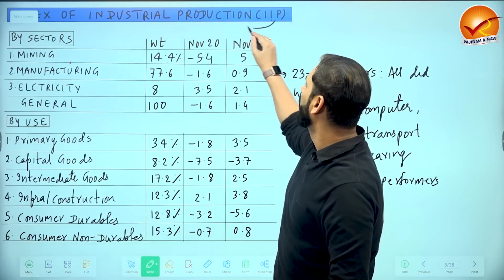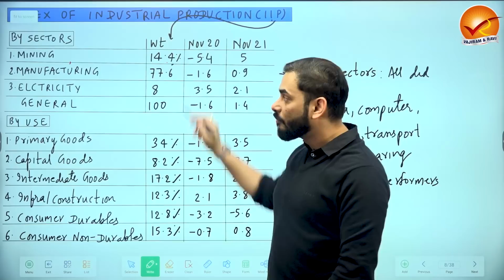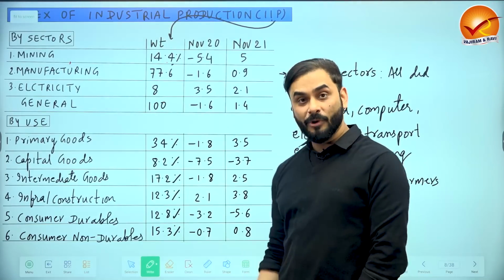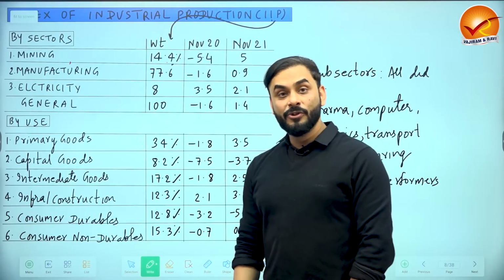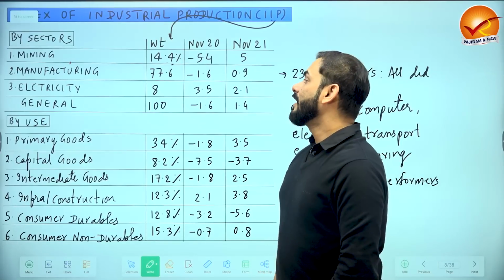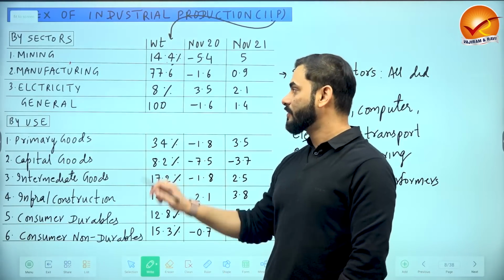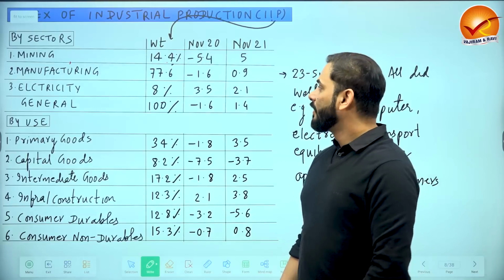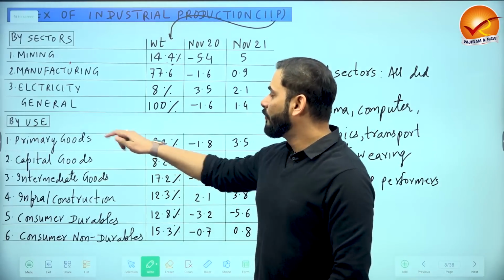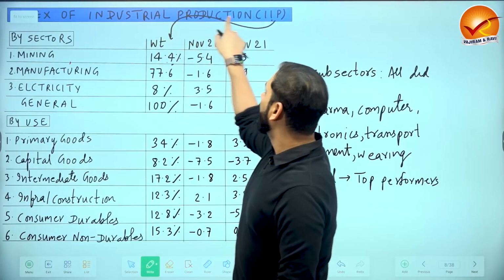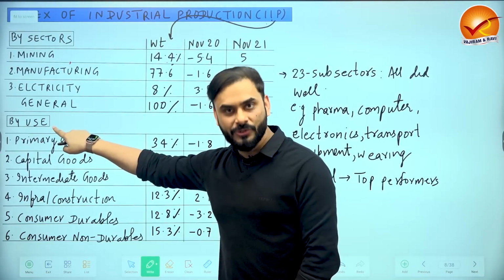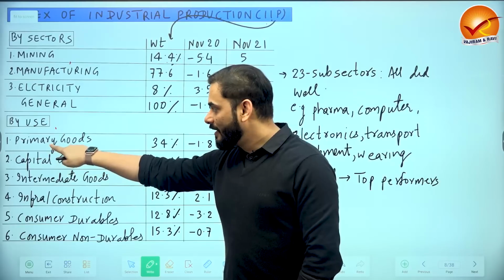In this IIP, what is the importance of mining? 14.4%, manufacturing 77.6%, because we use more of manufacturing products. And then what is the weight of electricity? 8%, total 100%, right?